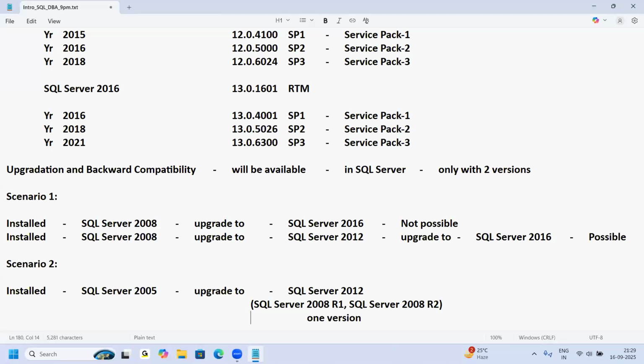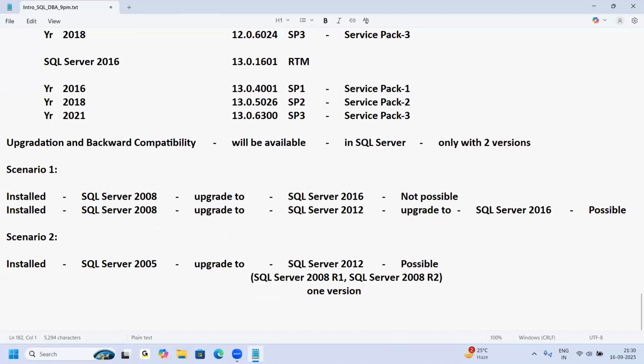So can I upgrade 2005 to 2012? 100% possible, yes. I'm talking about upgradation.